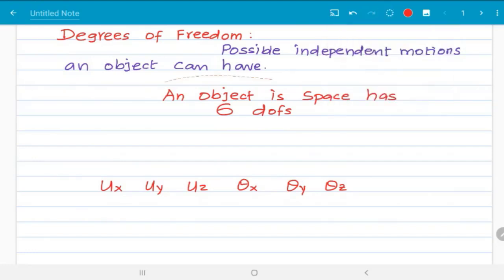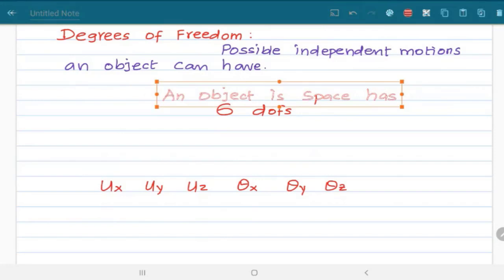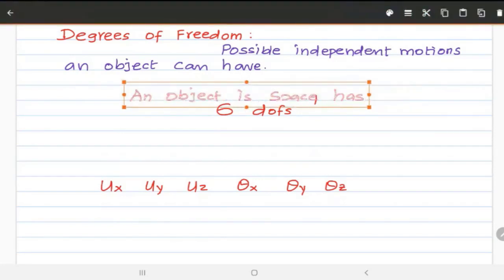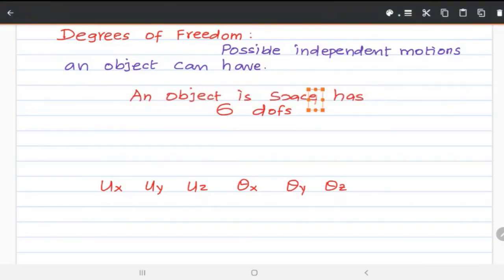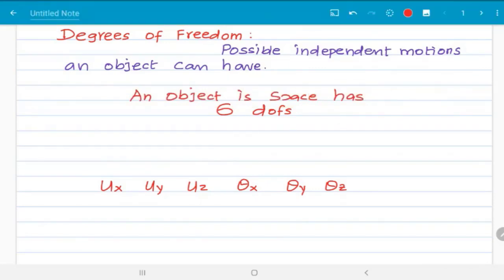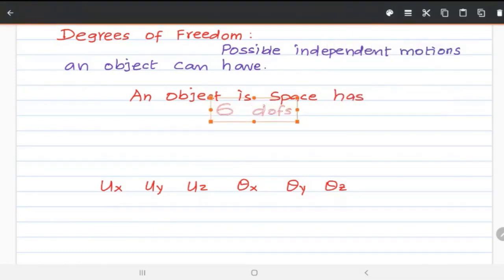What are the six? Now you know: 3 translations, 3 rotations. Translation means what? Rectilinear displacement. Rectilinear displacement means displacement along a straight line.